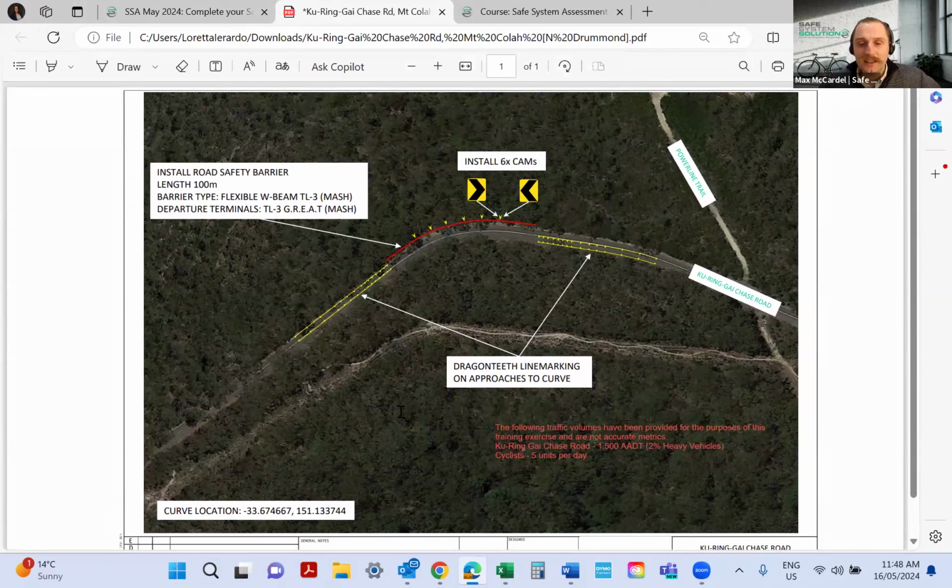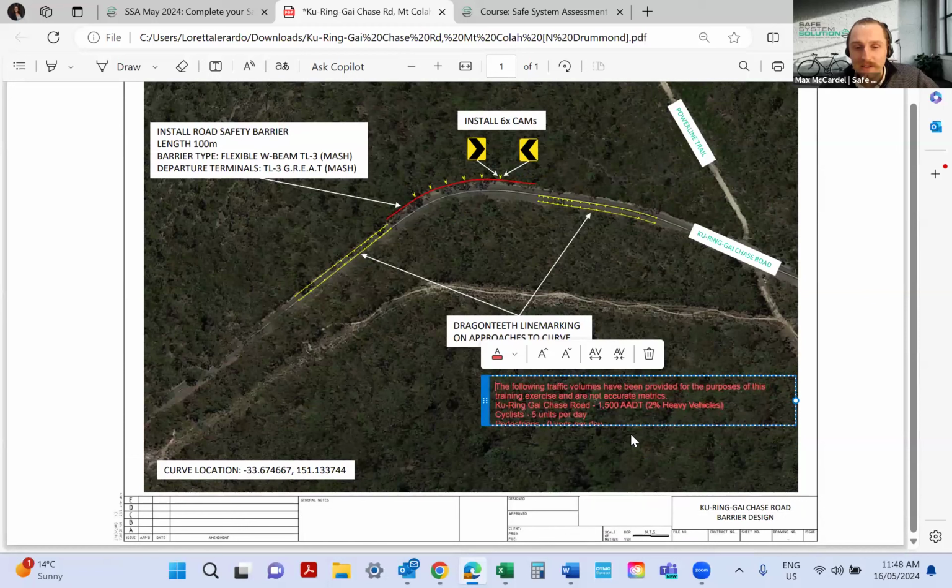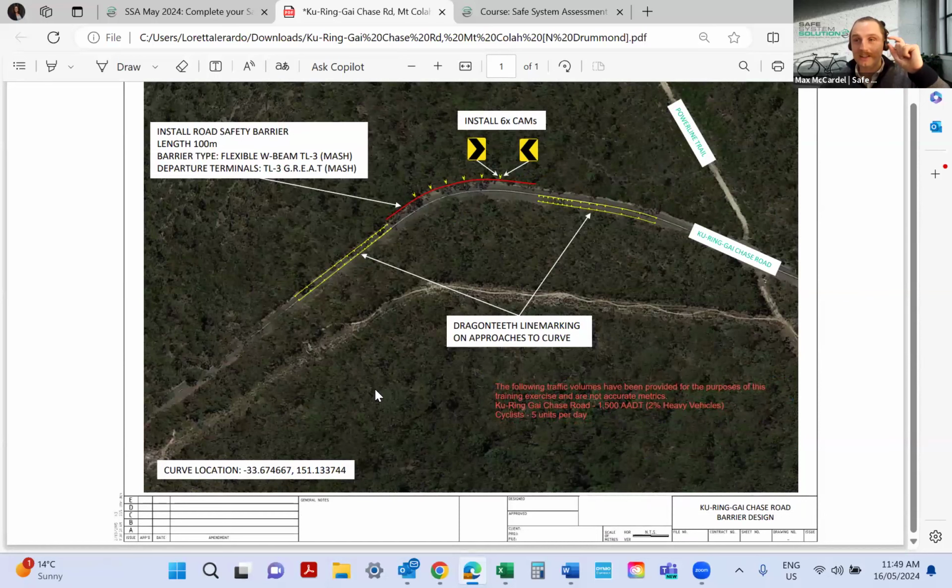You can see in the text box that's now red, the following traffic volumes have been provided for the purpose of this training exercise. So the road has 1,500 AADT, 2% heavy vehicles. There's 5 cyclists a day. There's no pedestrians. So we've actually given you all the traffic volume information.